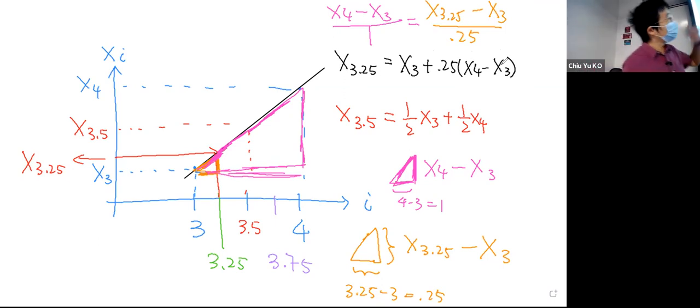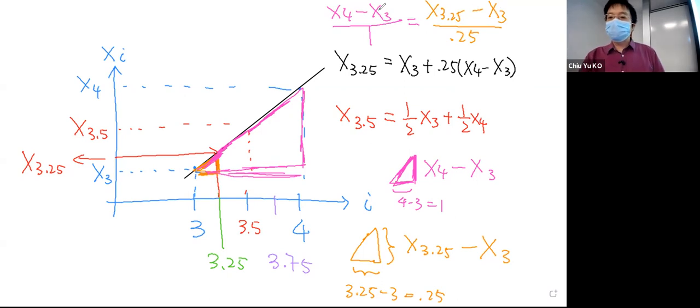I hope this is okay, I mean the black one. How to change from the cross multiplication? So what we're going to do is 0.25 times this, 1 times this, and you move x3 to the other side. Got it? That is not very complicated.